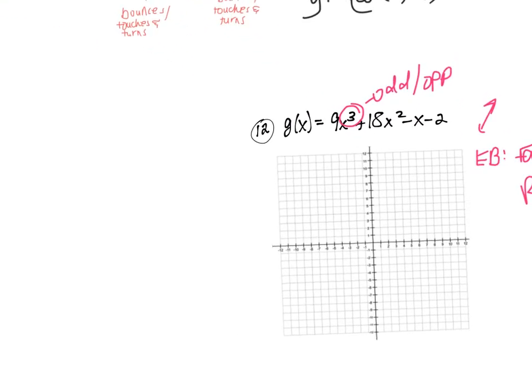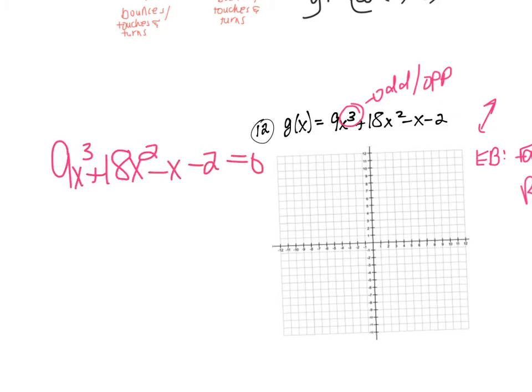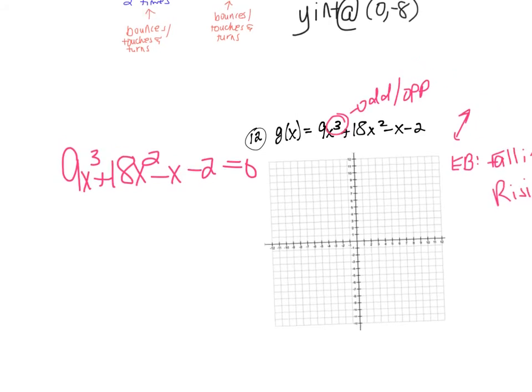Now, how do I find my zeros? You set it equal to 0. We're going to factor. Very good. So 9x cubed plus 18x squared minus x minus 2 equals 0. Is there a GCF? No. Since I have 4 terms, I'm going to group the first 2 and the second 2. Notice that I kept that negative sign with the x in the third term.